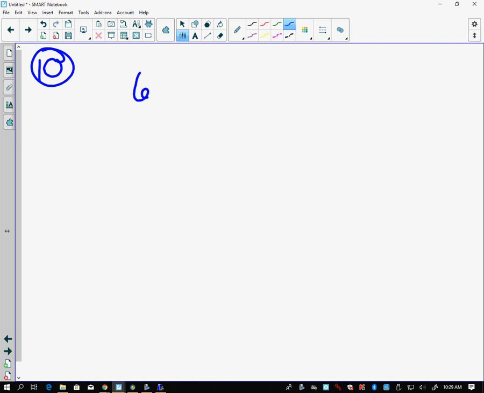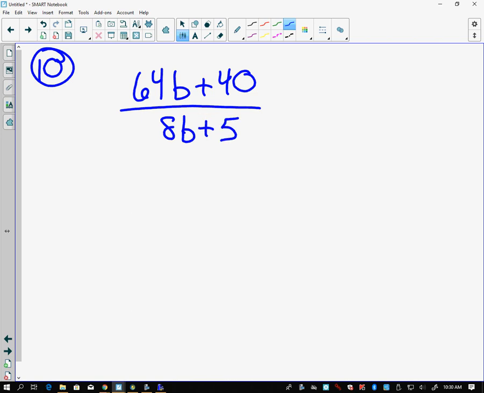Let's say 64b plus... I don't know if this will work out all that well, but we'll try it. Something like that. Excluded values.